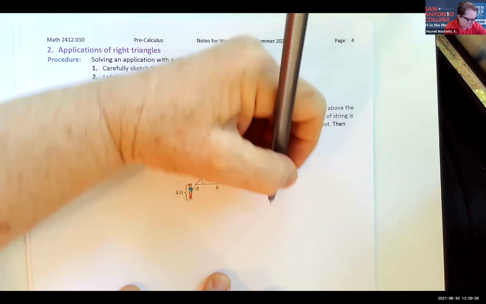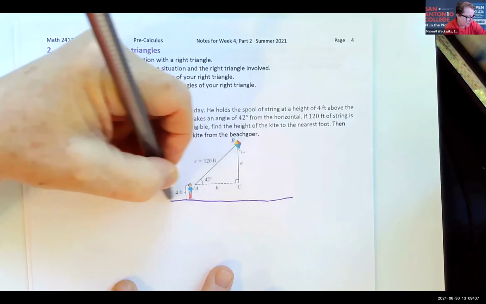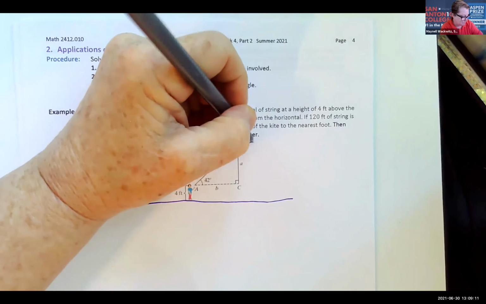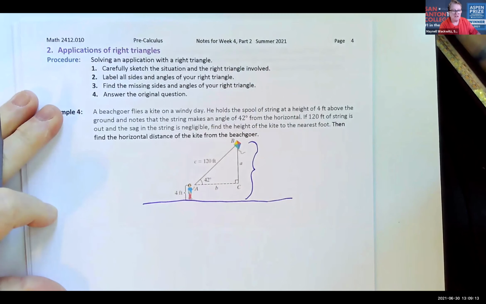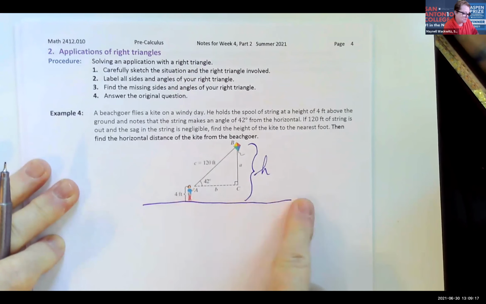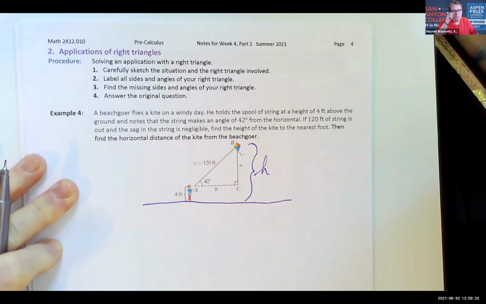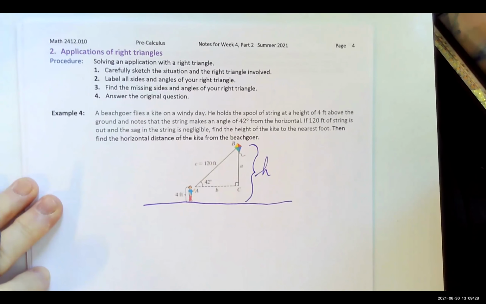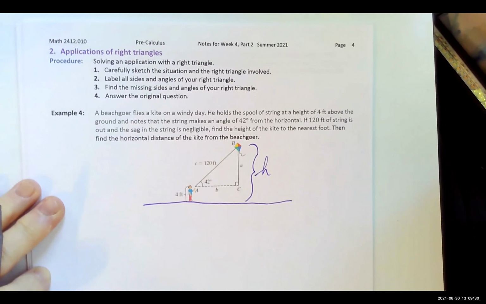When they don't say the height with respect to what, you assume with respect to the ground. So if they just say the height, then they're talking with respect to the ground. This is an example I found. So it's a plus 4 then. That's right.